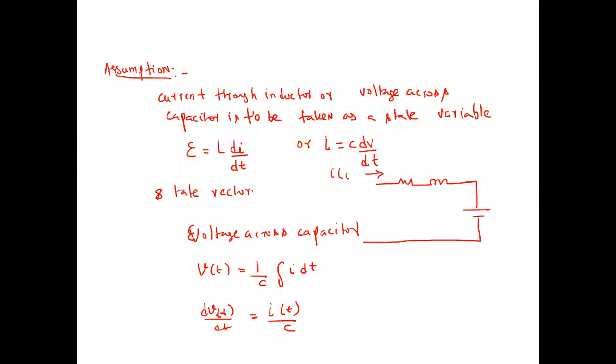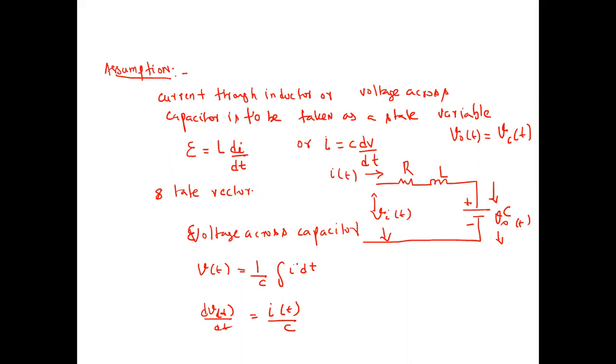This is my I of t, this is my R, this is my L, this is C, and this is my input voltage Vi of t. The voltage across the capacitor is my output voltage V naught of t. Suppose the voltage across the capacitor is Vc of t; it has to be the same.